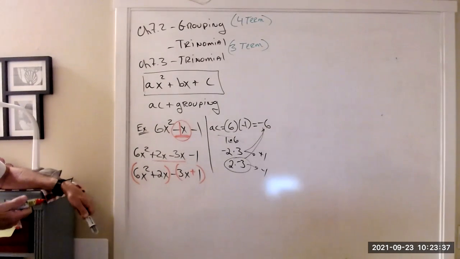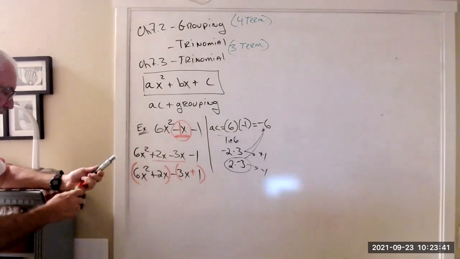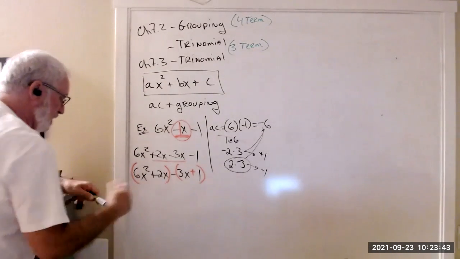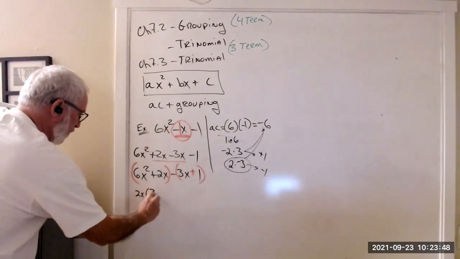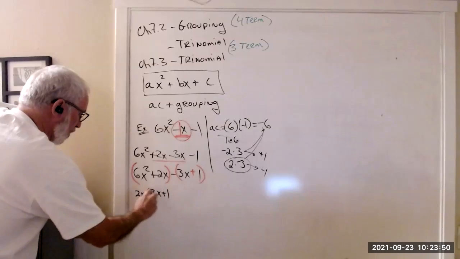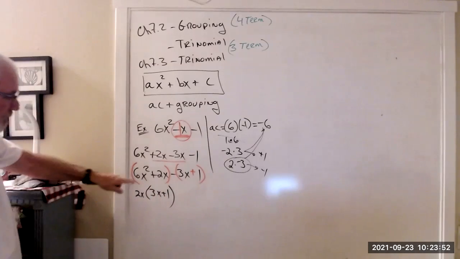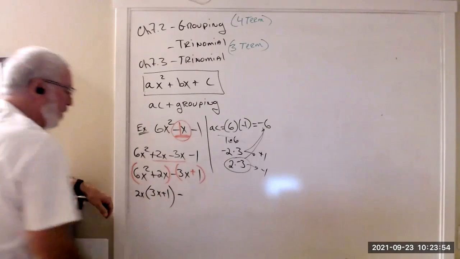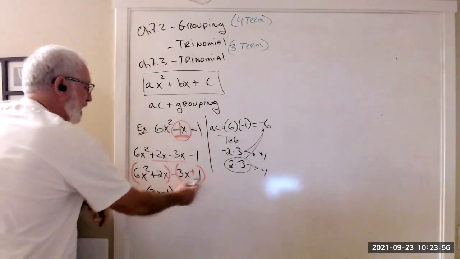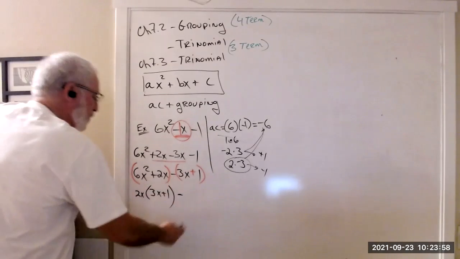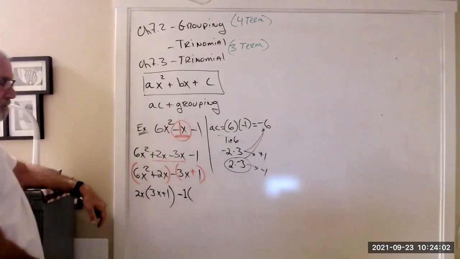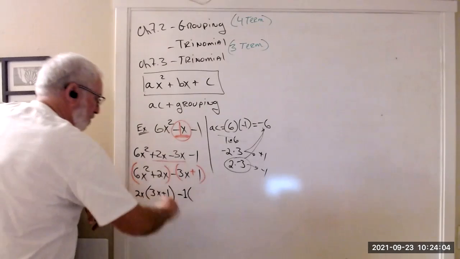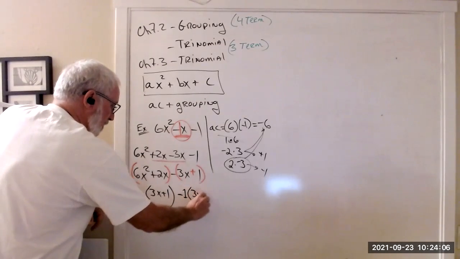Oh, you're not going to like this one at all. I could take a 2x out of this, leaving me a 3x plus 1, minus, okay, I can't take anything out of this. When you can't take anything, you can always take a 1 out. So 3x plus 1.